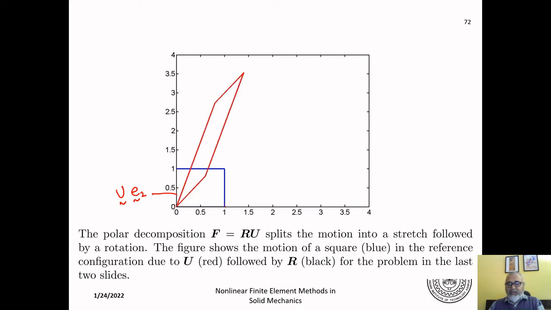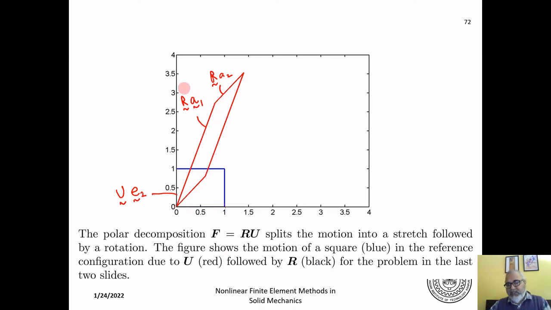If I do that, this is what I get. So this is U applied to each of the sides, and that gives me this red parallelogram. Now to each of these red parallelogram sides, let's say this is A1, I apply R times A1, this is R times A2, and so on.